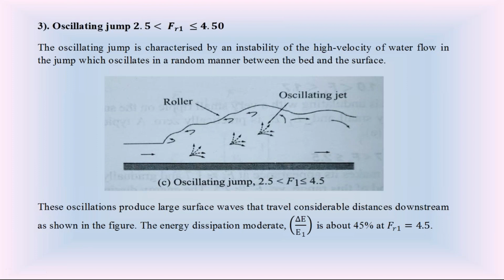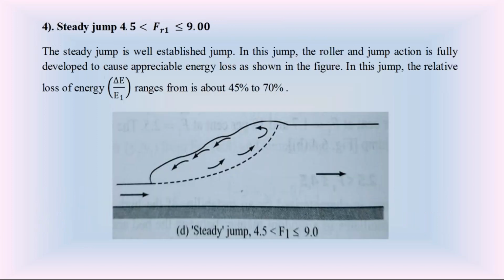In the oscillatory hydraulic jump at Froude number 4.5, the energy loss ratio delta E by E1 is 45%. Then the fourth one is the steady hydraulic jump. The steady hydraulic jump occurs in spillways when water is released from dams, and also in major canals.